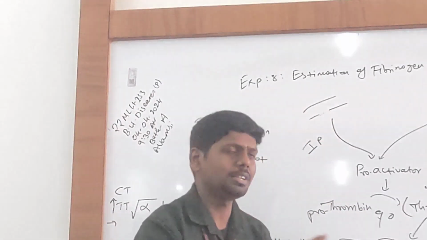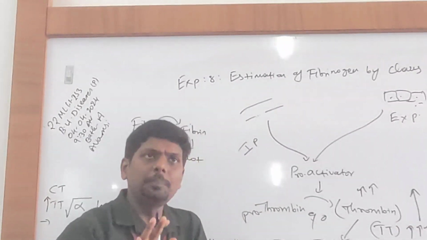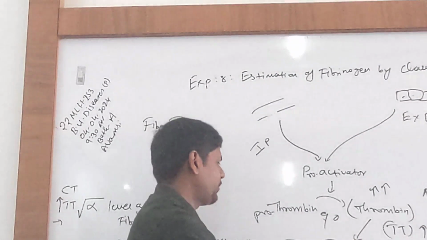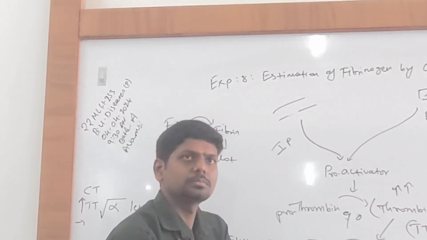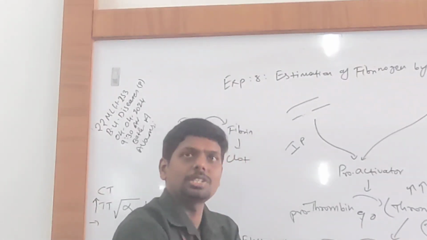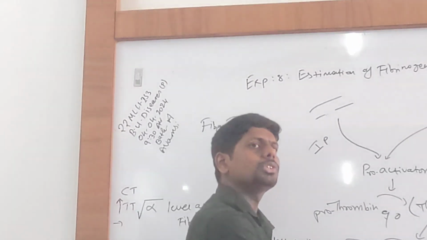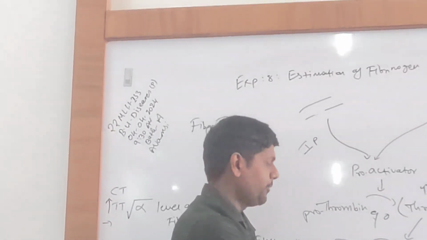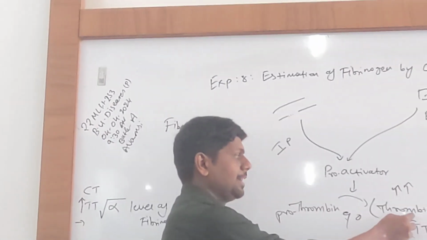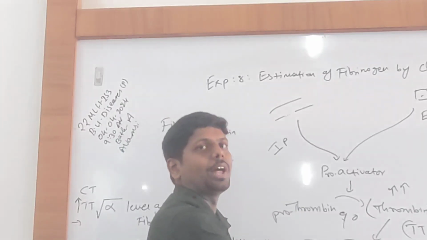In healthy patients, the thrombin time will be normal because they have a 50-50 ratio: 50% thrombin, 50% fibrinogen. Now, in my case study, there is reduced fibrinogen. When fibrinogen is reduced, automatically the thrombin levels look heavy, a 9:1 ratio.